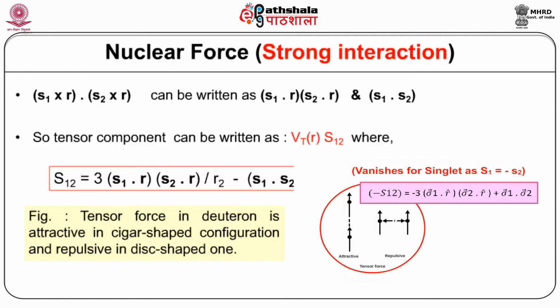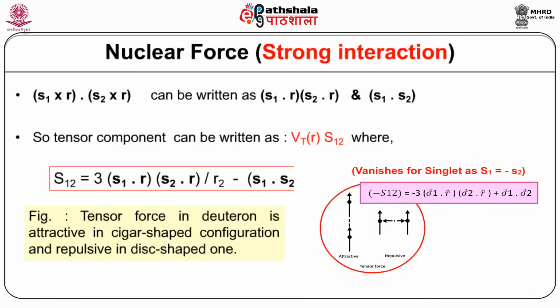The tensor component can be of the form S1 cross R dot S2 cross R and can be written as Vt S12, where S12 is equal to 3 (S1 dot R)(S2 dot R) upon R² minus S1 dot S2.